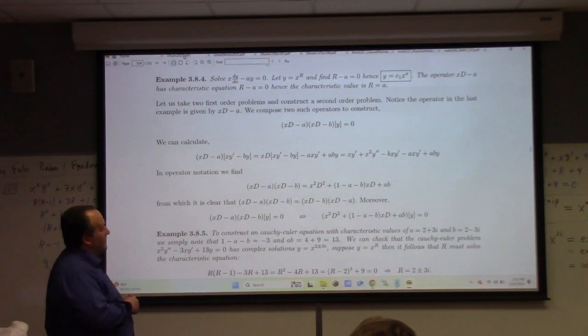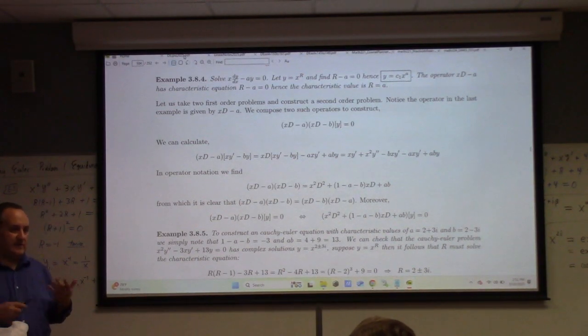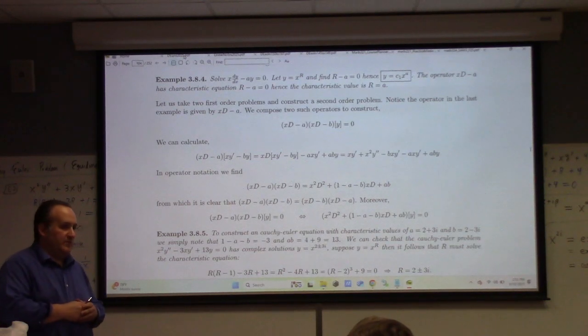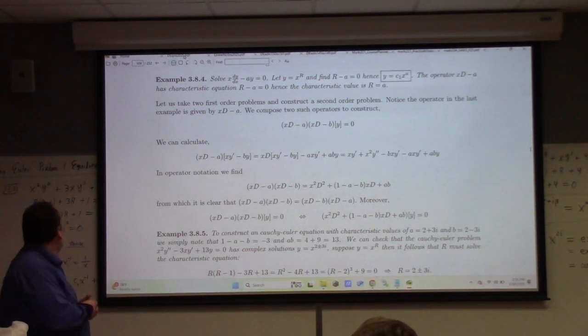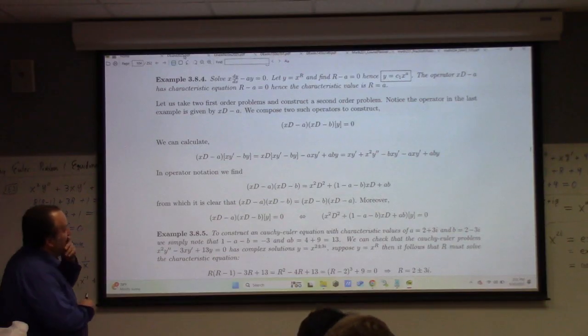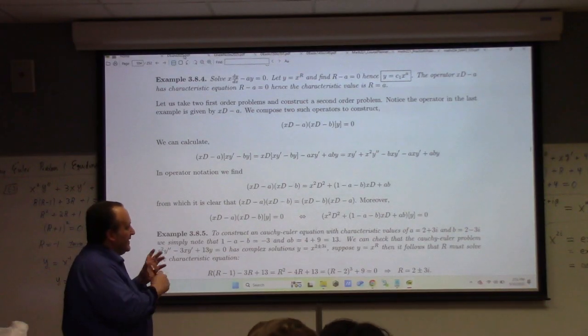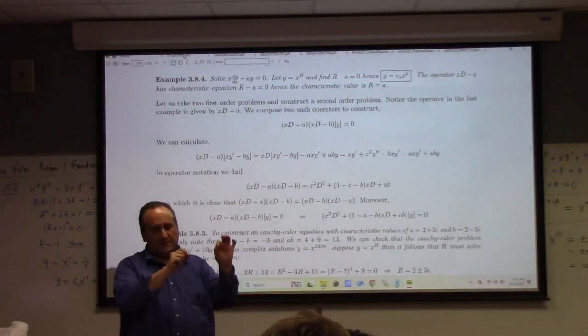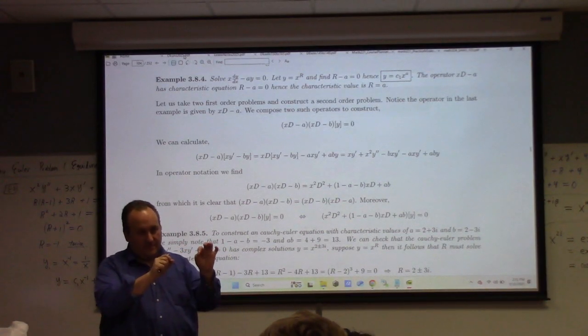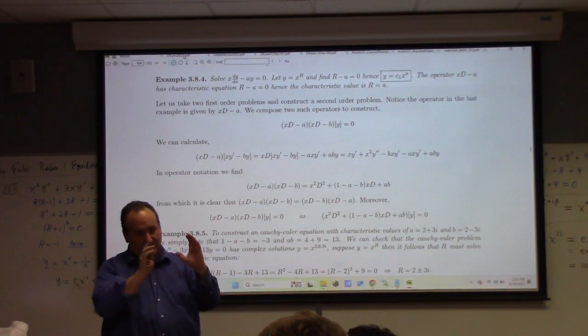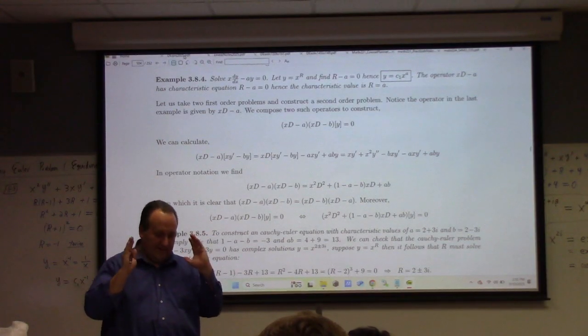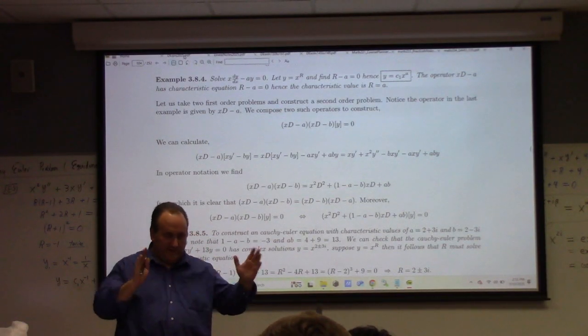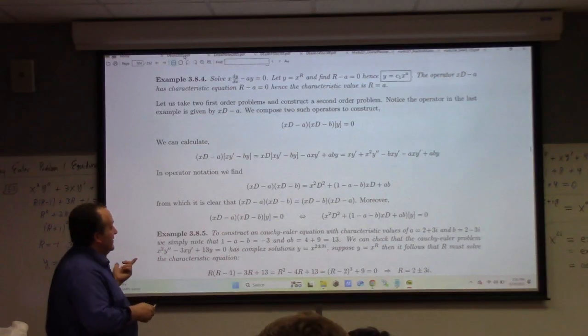Now, back to your operator question. How can we look at this in terms of operators? So basically, here's the deal. It is possible to take the Cauchy Euler problem and rewrite it as a polynomial in the operator x times the differentiation operator. You could always look at it as a bunch of x times the differentiation operator acting one after the other, like these calculations show.